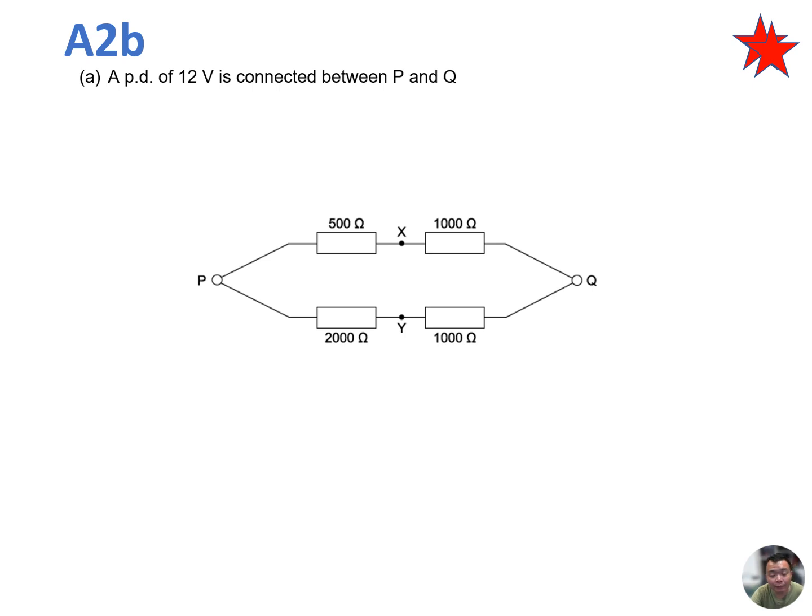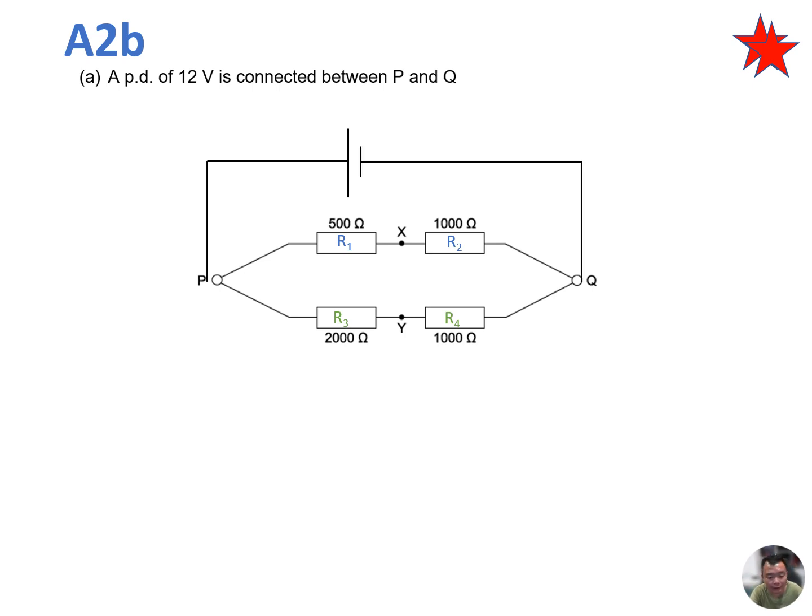In part B, we will apply the same analysis as in part A. We noted that the resistors are now of different resistance. So we will have to use the potential divider equation somewhere in our analysis. Same thing, let us start by labeling the resistors R1, R2, R3, and R4.